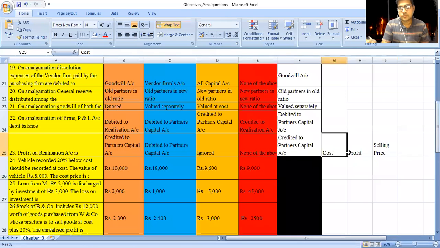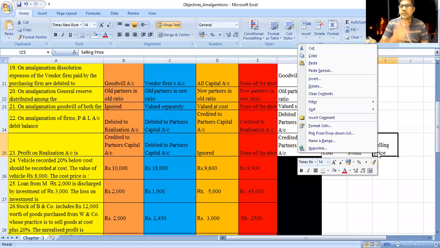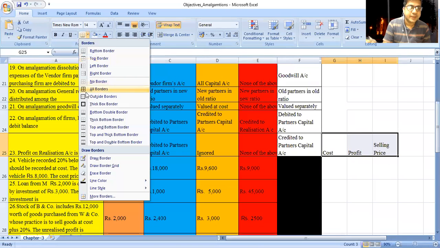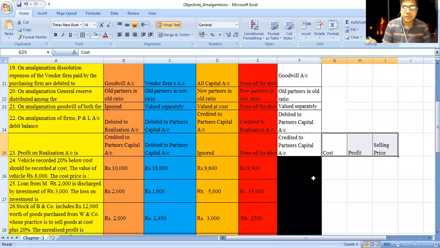Cost plus profit is equal to selling price. You have to keep these things in mind whenever we talk about cost.